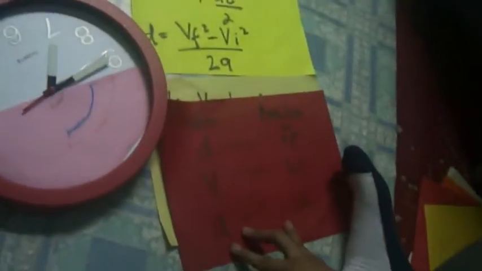Before that, we're going to talk about the angular equivalent of these linear values. For example, linear displacement is equivalent to angular displacement, linear velocity to angular velocity, and linear acceleration to angular acceleration.